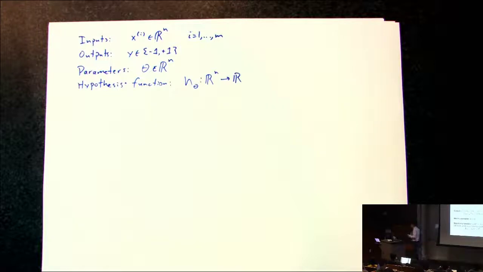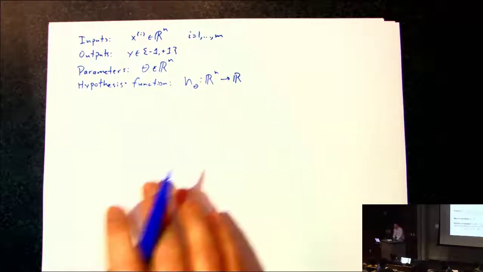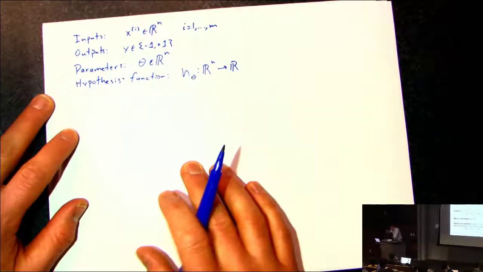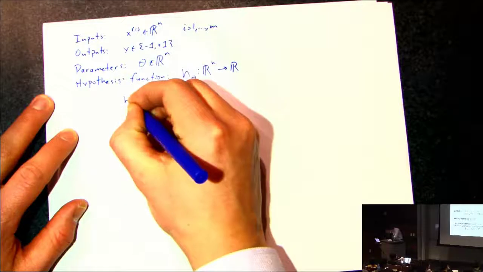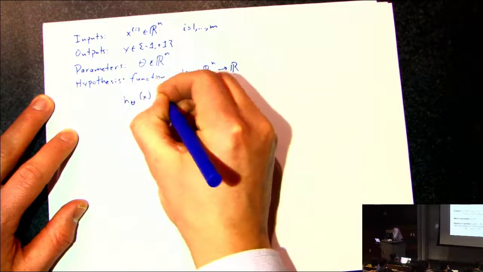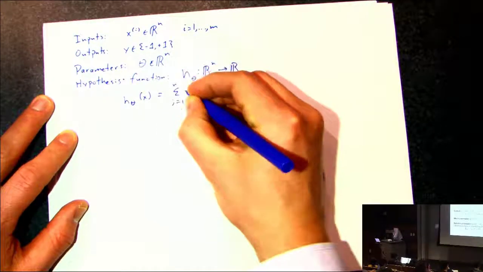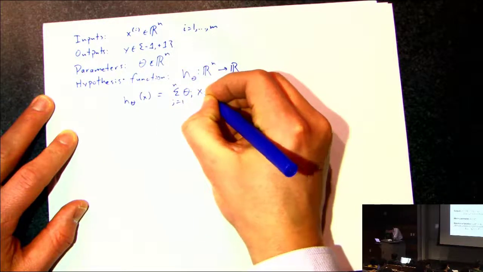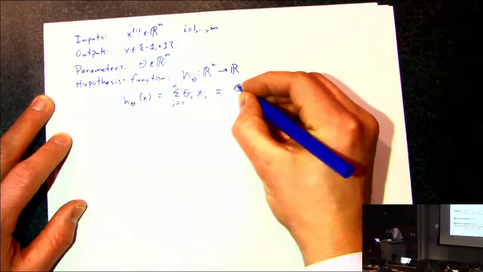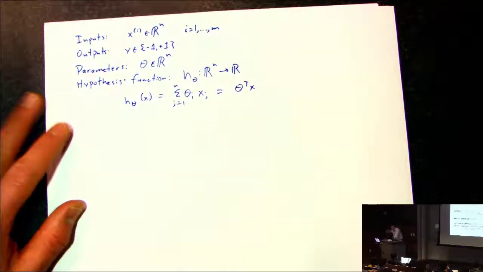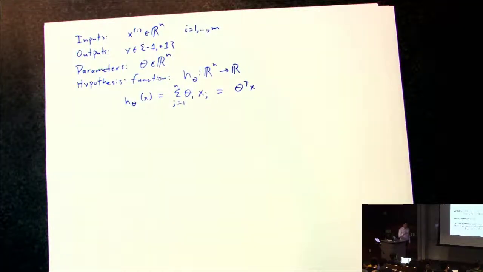And if you predict 0, it means you don't really know what it is. Again, we're going to focus here on linear hypothesis functions, where this is equal to the sum from j equals 1 to n of theta_j x_j, which we can also write as the inner product between x and theta.